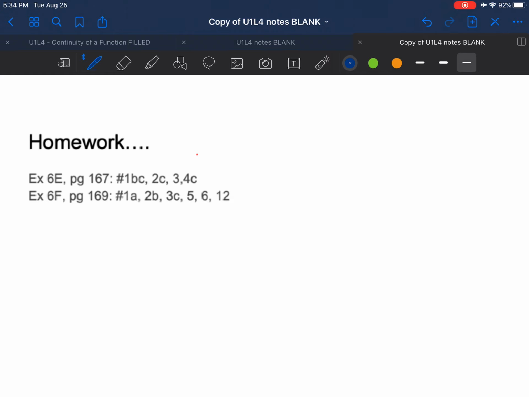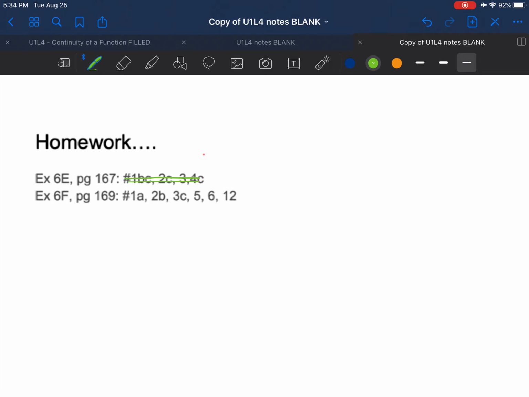So instead of these, you're going to do 1AB, 2A, and 3. And instead of these, same section, same page number, you're going to do 2A, 3C, and 5, 6, and 7.